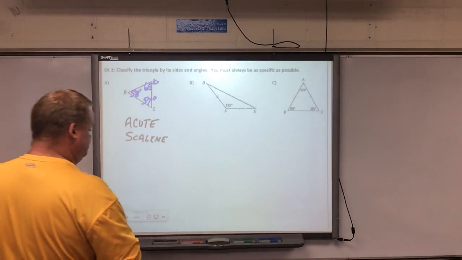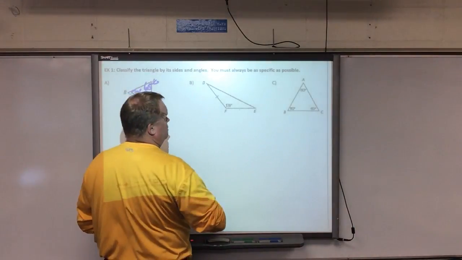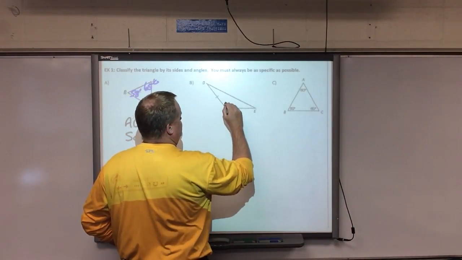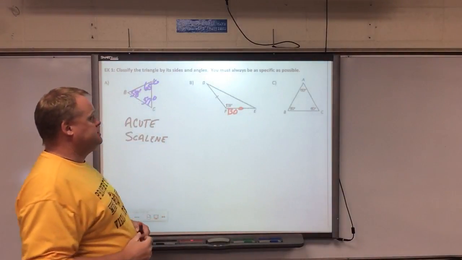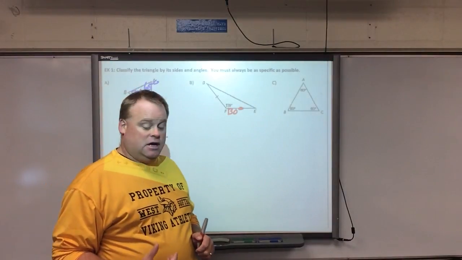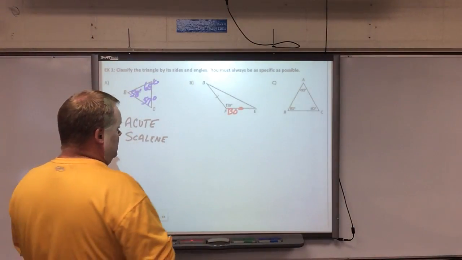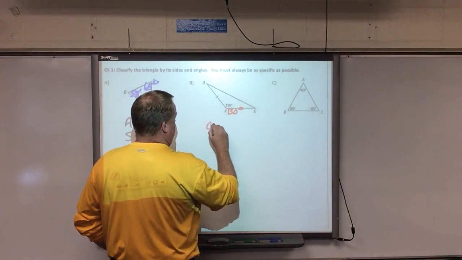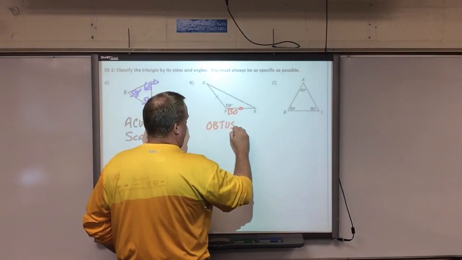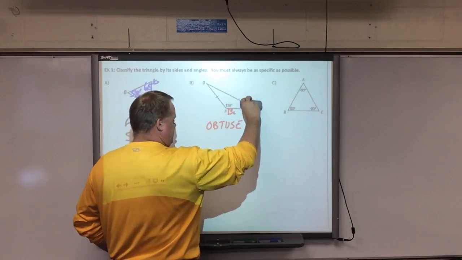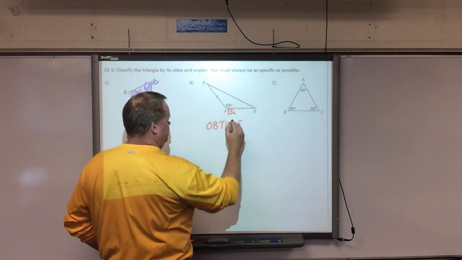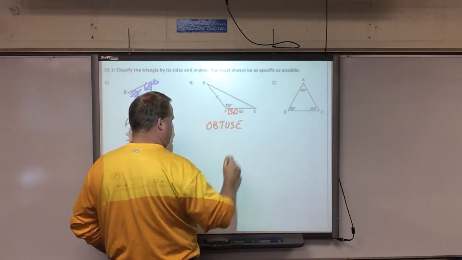All right, the second one. This angle in here, we could see it, but it does say 130 degrees. So as I look at this, the first thing I should know is this is an obtuse triangle. I want you to be able to see it, 130 degrees.